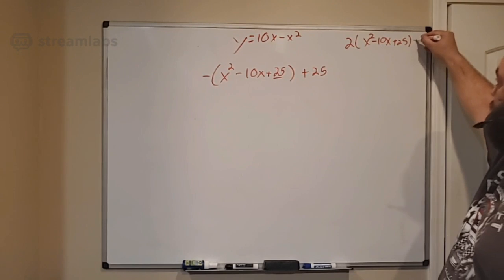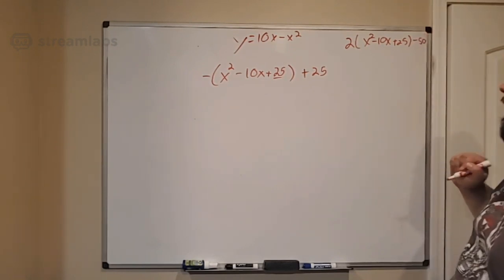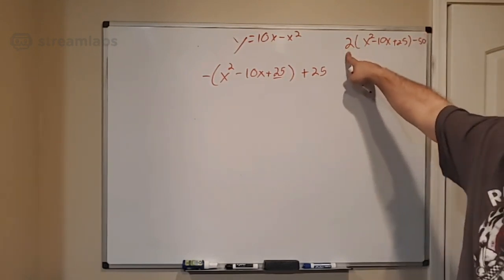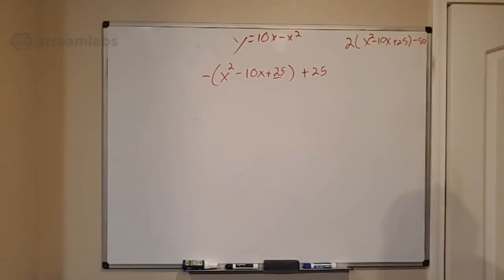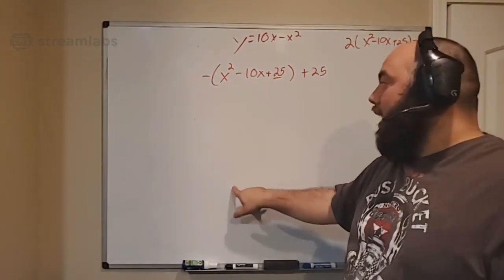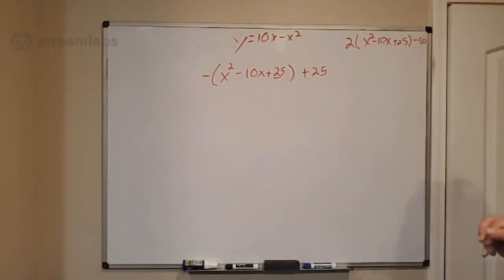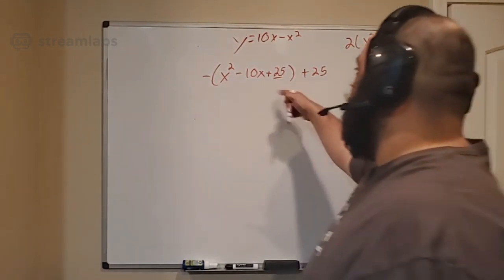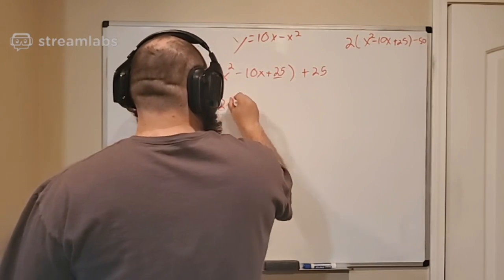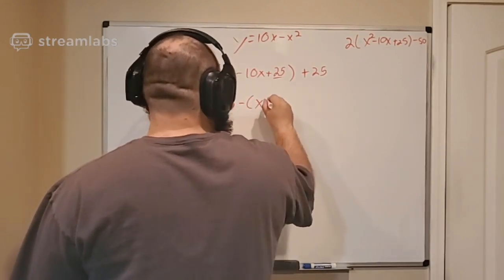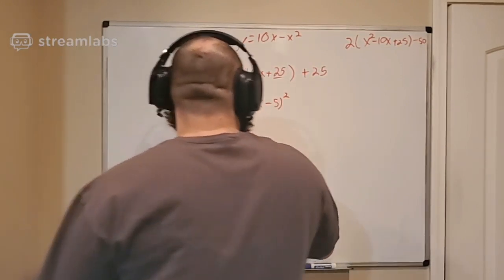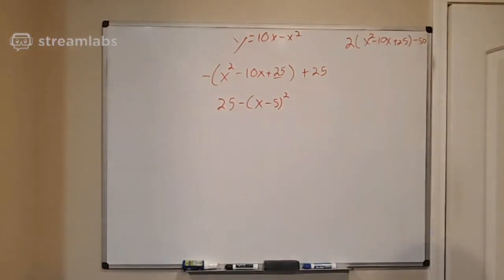You always got to be mindful of if there's anything out in front of your parentheses. We don't tend to do a lot of them, but we do some of them. Like I said, you mainly do it in pre-calc with your conics. And then you just factor it and put it in the form they want. So this becomes 25 minus x minus 5 squared. So I just moved the 25 out front and then factored it. And now it's in the form that they want.